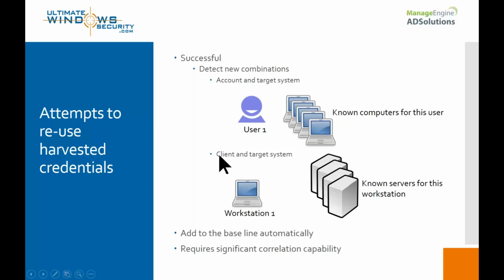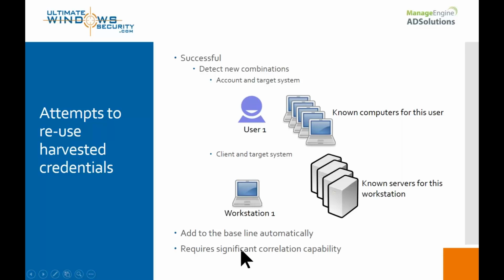Likewise, you can keep track of known client and target systems. So this workstation, after a certain amount of time, a pattern is going to develop of which servers in a larger environment this computer connects to. And so if we keep a baseline for these, then by just looking at our 4624 events, we can keep this rolling baseline and pop it up on a dashboard, and you just make a best effort to follow up on these.